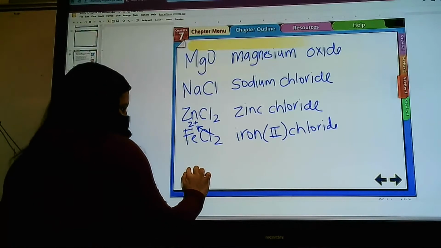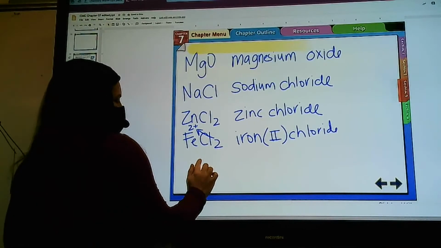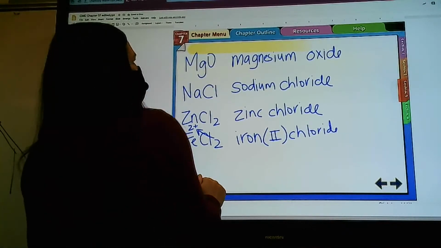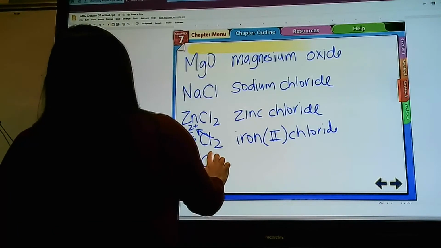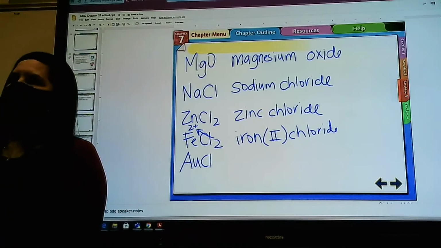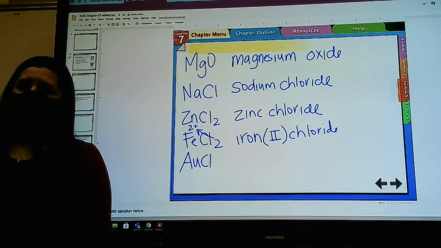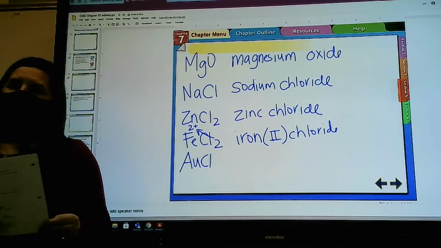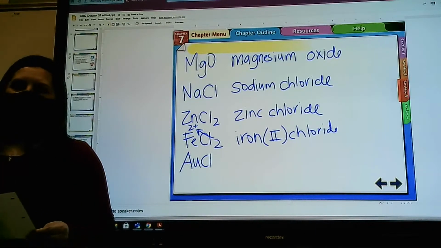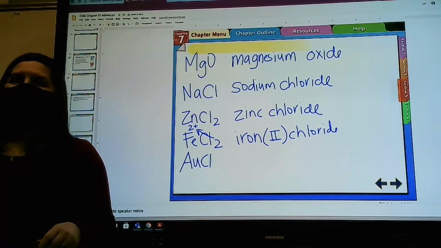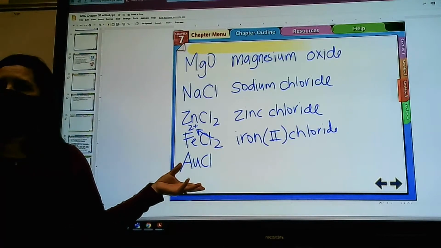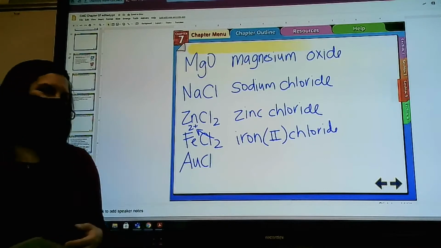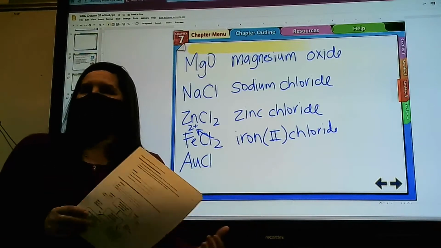But if you have something like AuCl, look at gold on the periodic table. Does it have more than one charge? Yes, it does, right? It can be a 1+ or a 3+, but there are no subscripts. So this is where you have to balance out by just looking at the numbers. In this case, it ends up being a 1+.